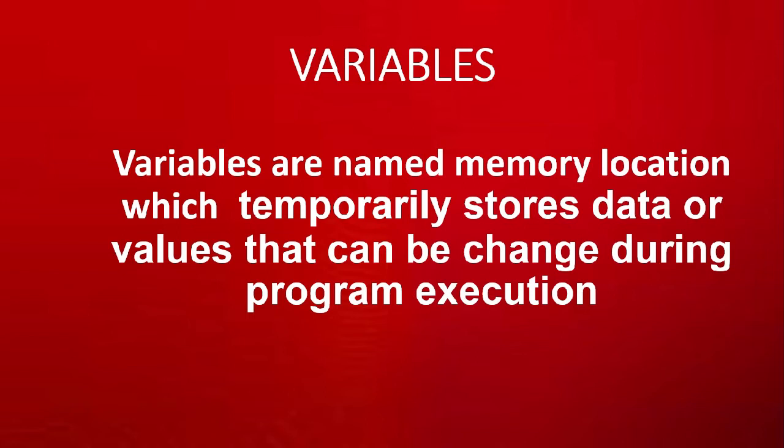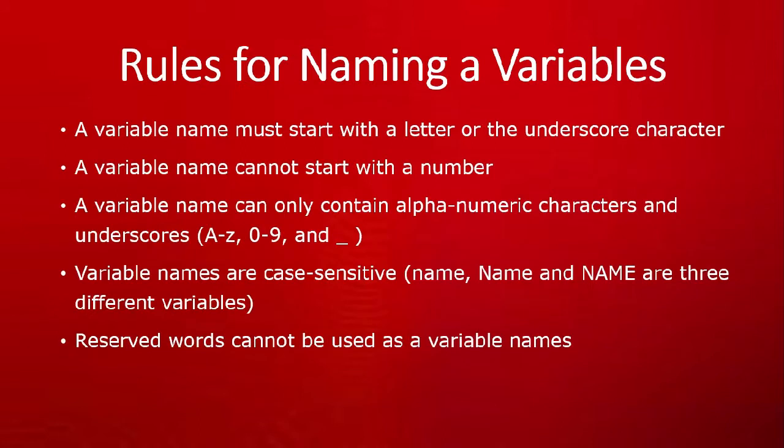Next, what are some rules for naming a variable? When we declare a variable, it has some name. A variable must have a name, and there are some rules for naming a variable in Python, or in every language. So what are these rules?